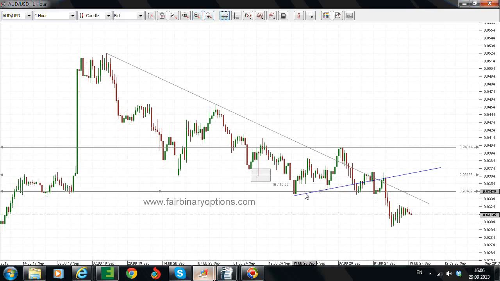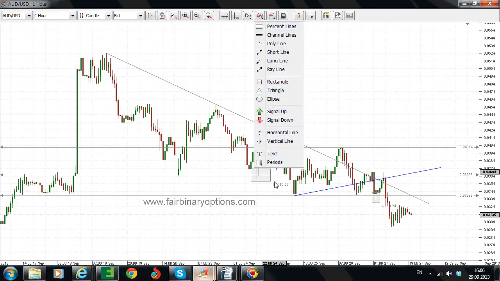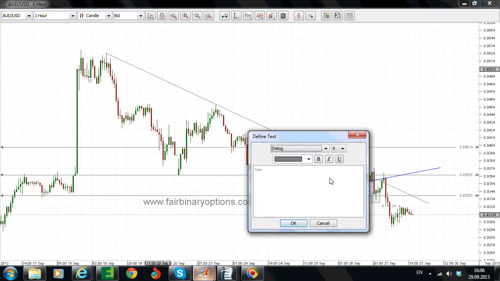However, price, after breaking the trend line here, comes and makes a new low when compared with the previous low. Remember, a new low when compared with the previous low, and this low here is 0.9338, and price comes here and makes a new low when compared with this. Well, this is the moment where our true trend line, and this is where we should place a text, so to say.